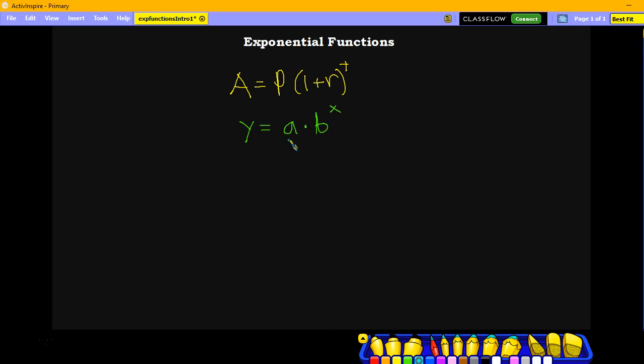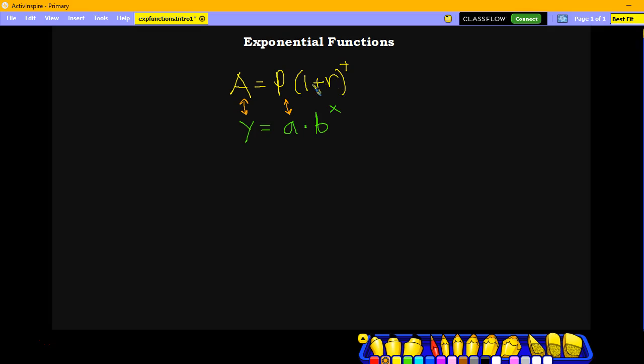Let's see if we can relate these things. You'll notice that the a and the y are kind of related. The y is the final amount, just like a was. Over here, this little a and the p are related. The p was the initial amount, and so is this little a.